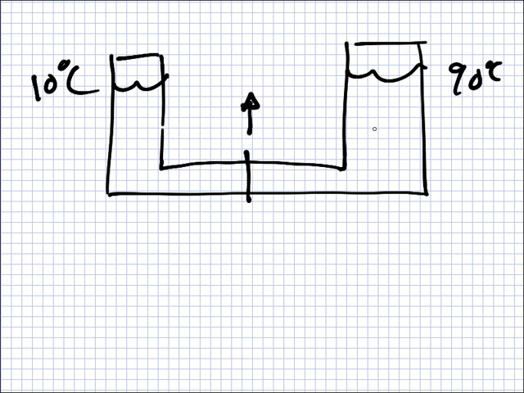So which way will the heat move? The heat will move obviously to the left. If I want the heat to move to the right, I must have some kind of special machine here, and this machine will only let the heat move from left to right.